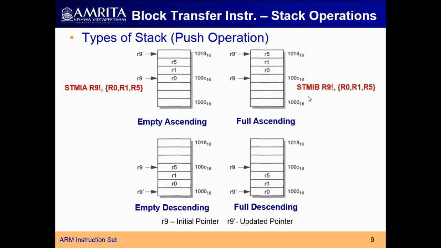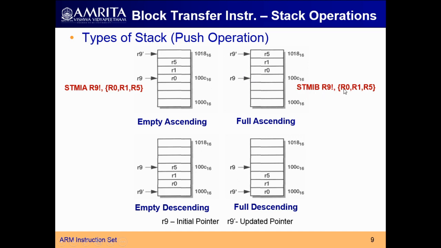Then for full ascending, STMIB is used. Why IB is used? Here you can see that first the incrementing of the address pointer will take place, then only the push operation or store operation takes place. So first the address pointer will increment, right?